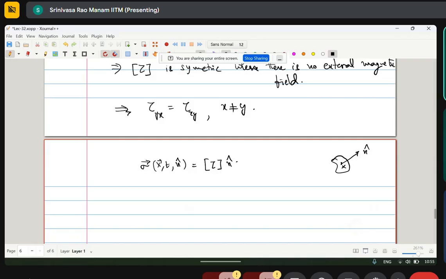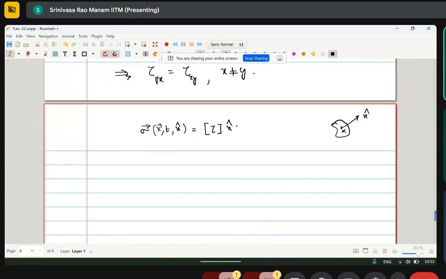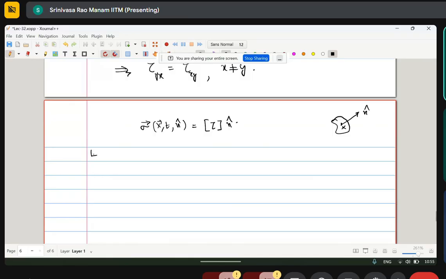Now, this is enough for you to derive the equation of motion in terms of these stress components, for example tau xx, tau xy, all these things. Based on this, you can derive the equation of motion. So that's what we will do maybe in the next class, the equation of motion in terms of components of tau.